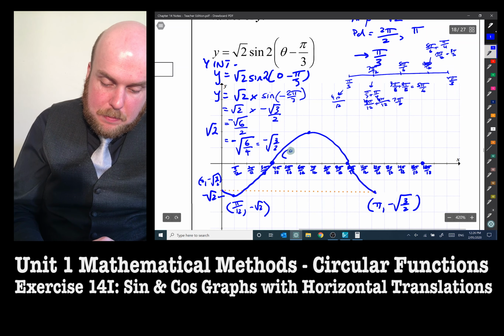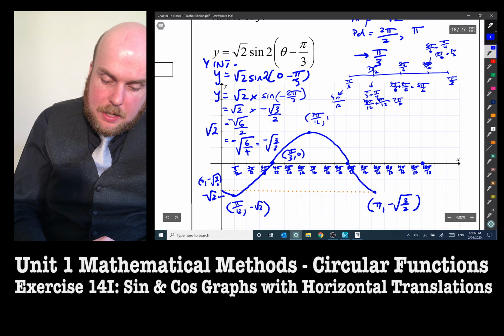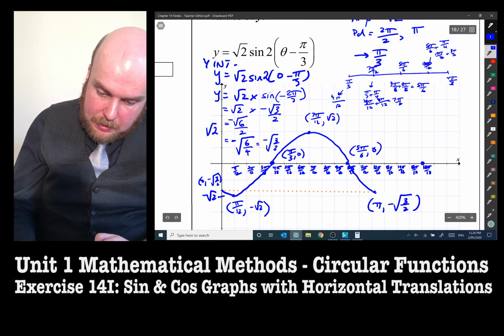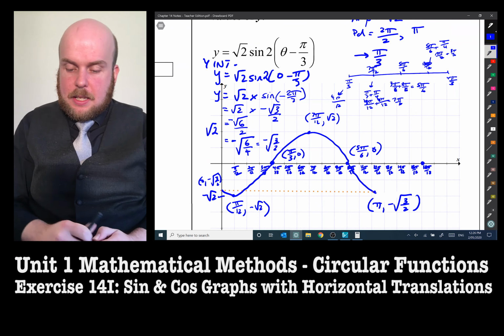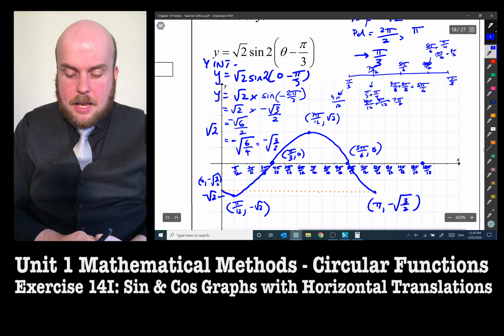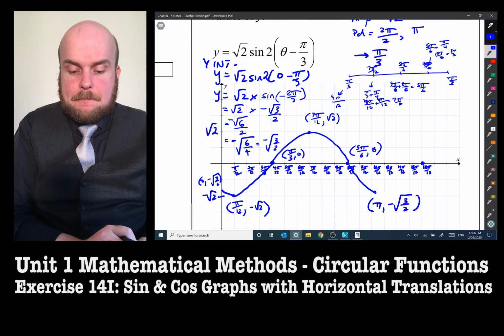This is 4 pi on 12, so that's going to be pi on 3, 0. This is 7 pi on 12, and that's root 2. That's 5 pi on 6, and that's 0. And that's pi, negative root 3 on 2. And there is one complete cycle.